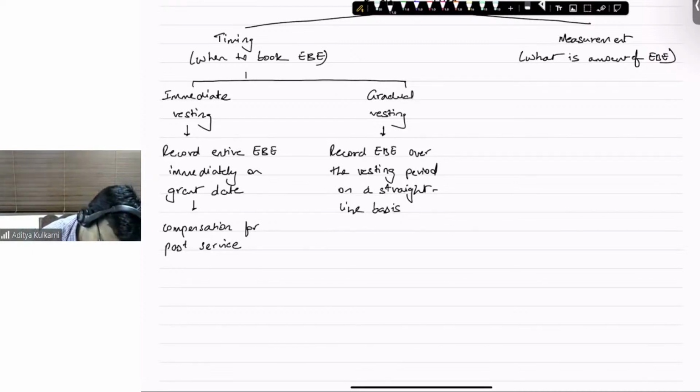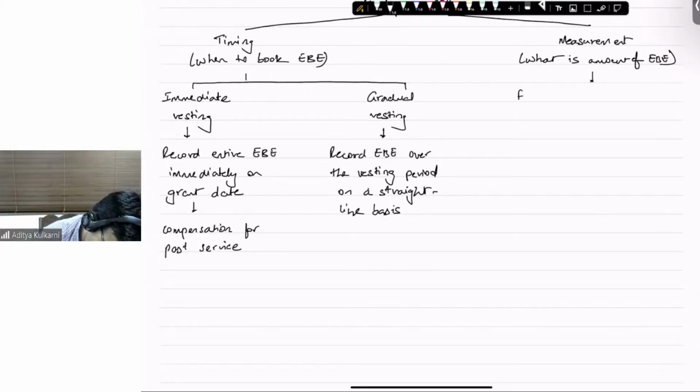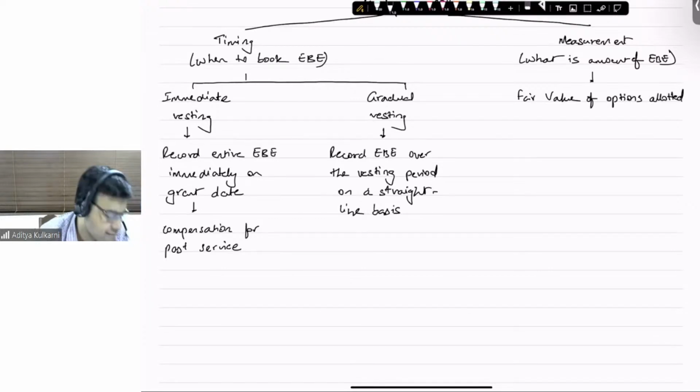Measurement. Well, this would happen at the fair value of the options as on the grant date. Fair value of options allotted. Why do I take fair value? Because it is not possible for calculating the fair value of services received from employees.